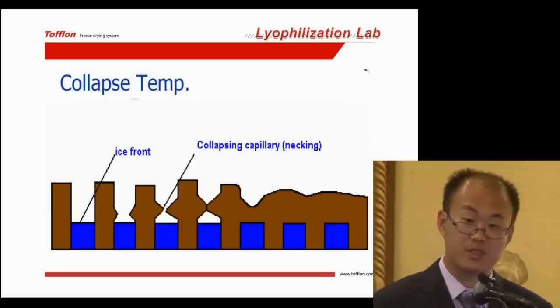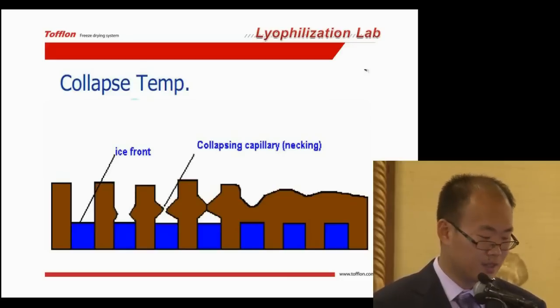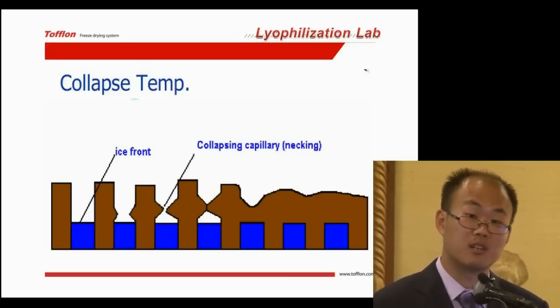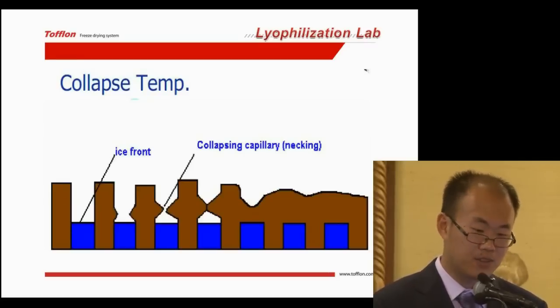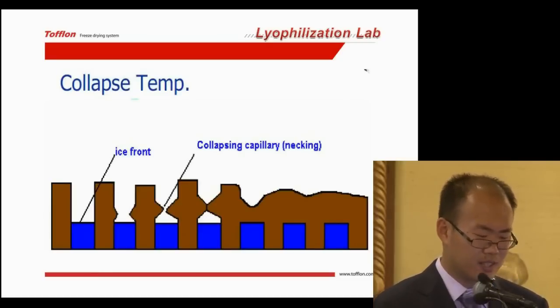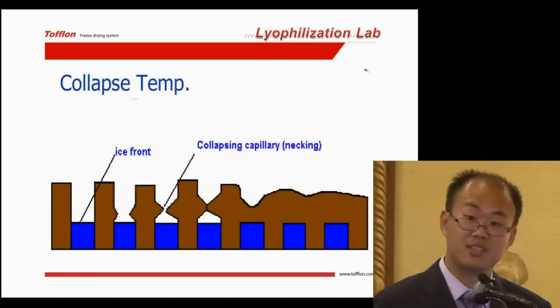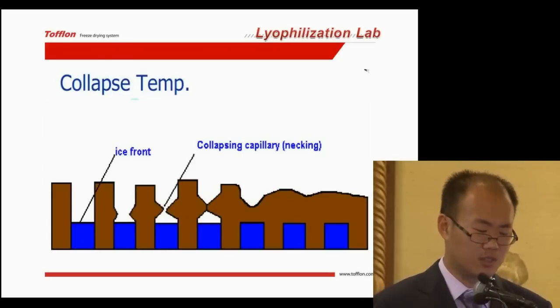If we increase the temperature, let's go to the right, we can find that the structure of the yellow layers changes. As we continue to increase the temperature, the layer of the drug changes much. So the pores were blocked up, and the water cannot be removed through the pores.